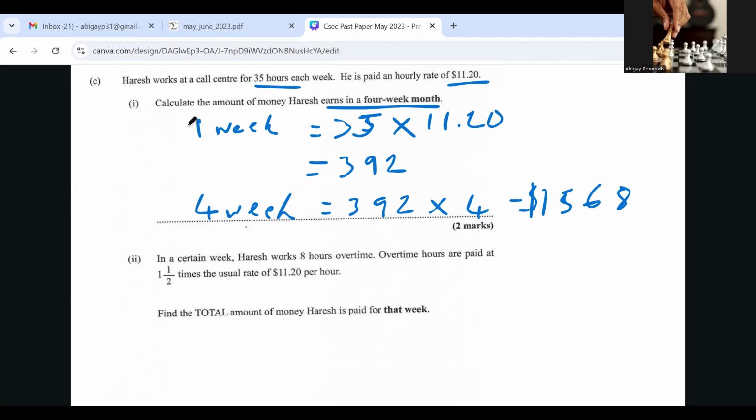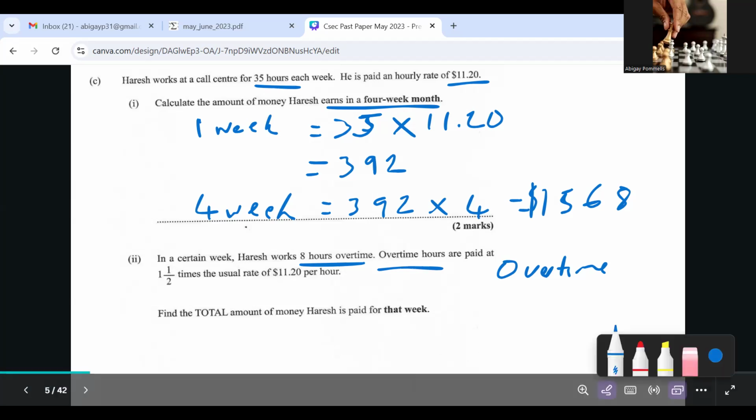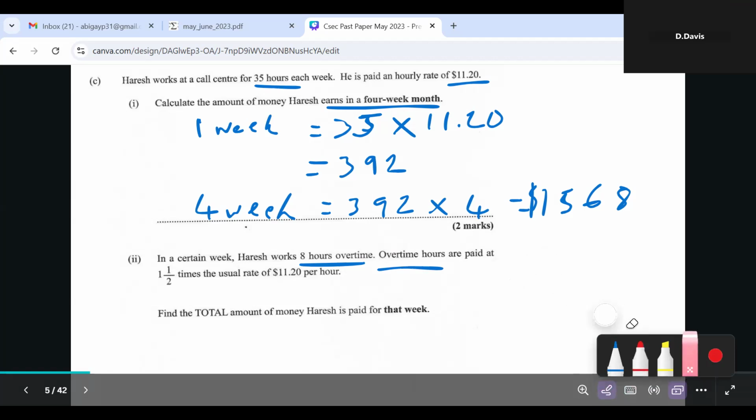All right. The second question states, in a certain week, Harash worked 8 hours overtime, and overtime hours are paid at 1.5 times the usual rate of 11.20 per hour. So it's asking for the overtime rate. Would that mean you have to find half of 11.20 and then add it to the regular hourly rate?